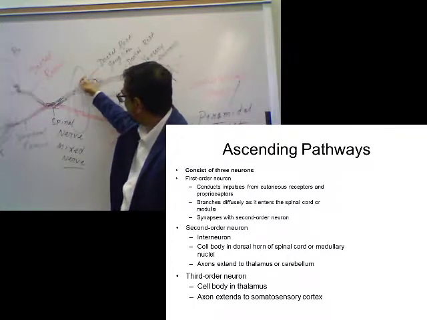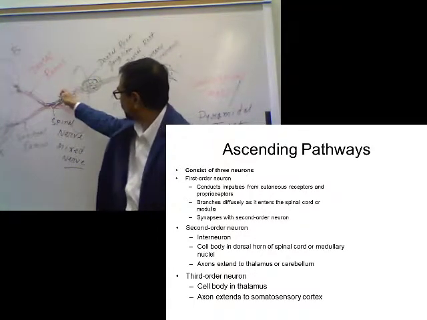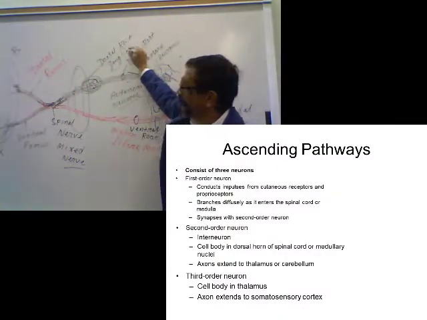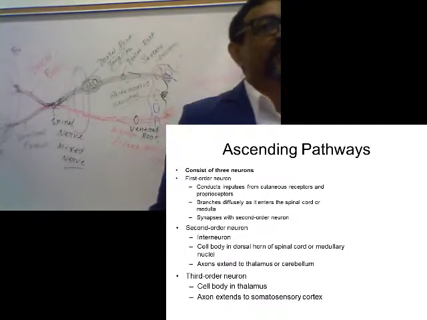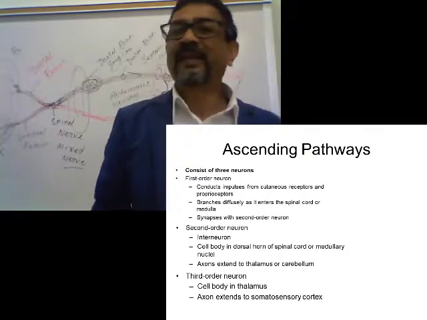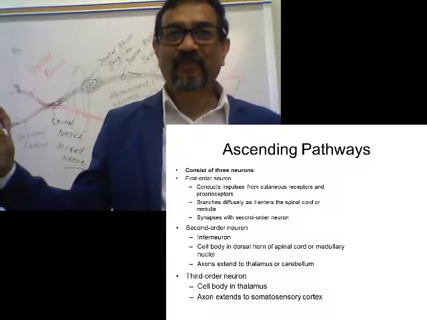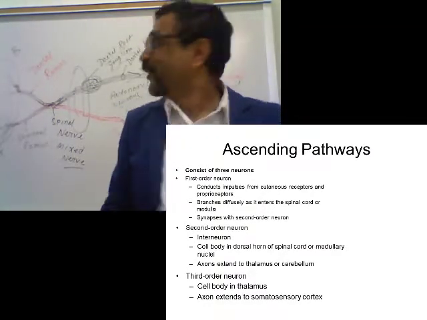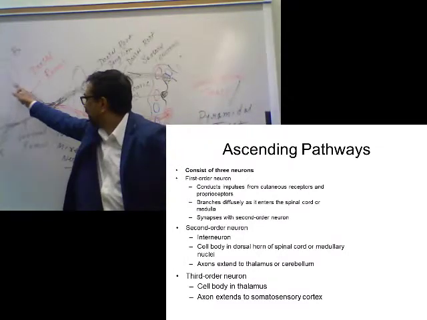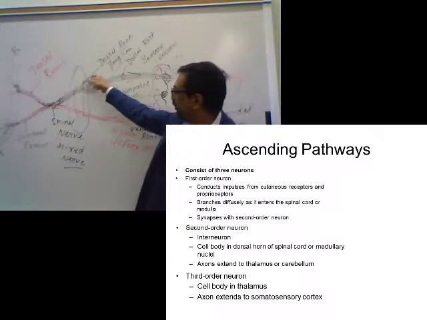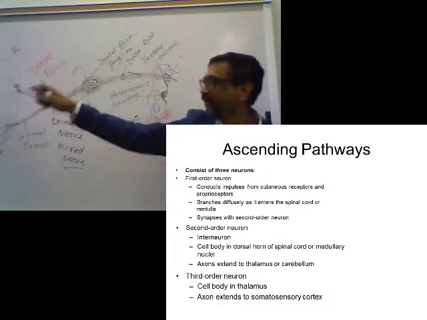So these are the first order neurons in sensory pathway. Where? In dorsal root ganglion. So first order neurons are in dorsal root ganglion. Is it clear? Make sense? Okay. So from the skin, the sensory signal is going first to these neurons. That's why these are the first order neurons.